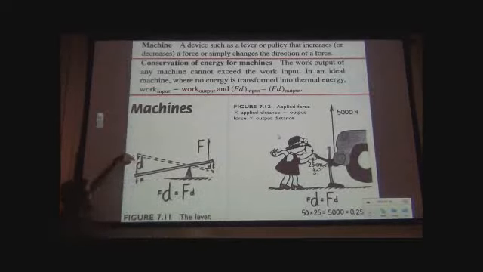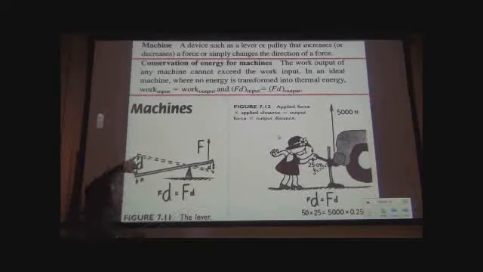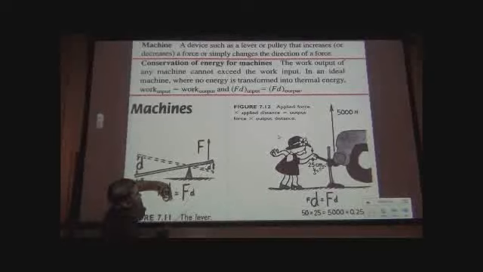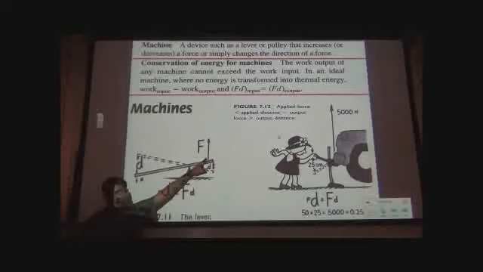If you apply a small force at one end through a large distance, and the fulcrum is not centered, then this small force multiplied by the big distance will be equal to, on the other side, a large force through a small distance. Remember that work done is force multiplied by distance. So you're putting work into this machine and getting the same amount of work out. However, the distance traveled is very small, so the force is large.